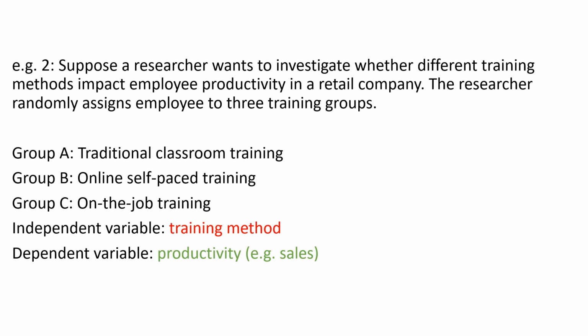So in this case, the different training methods will have an effect on the productivity of the workers. So the independent variable will be training method, while the dependent variable will be productivity. For instance, the researcher here might want to measure productivity in terms of sales.